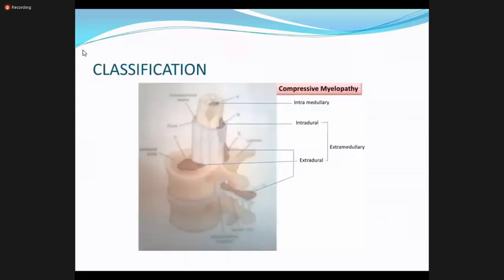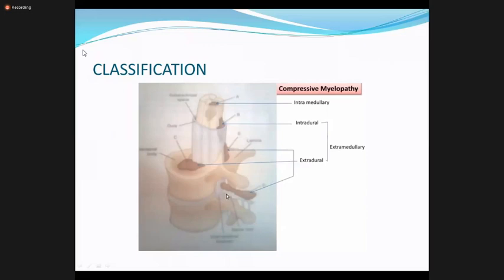This picture describes various sites of compressive myelopathy. If it is outside the dura involving the bony component, it will be termed as extradural extramedullary lesions.